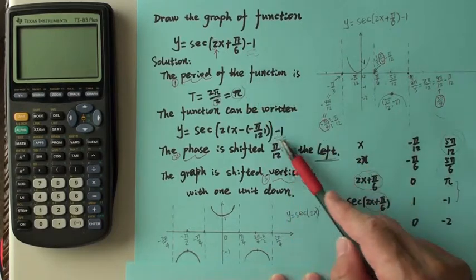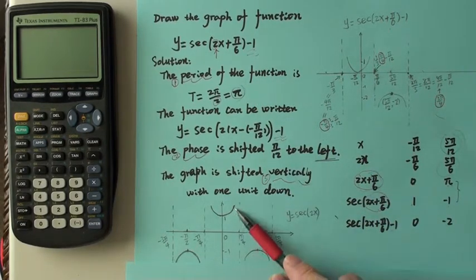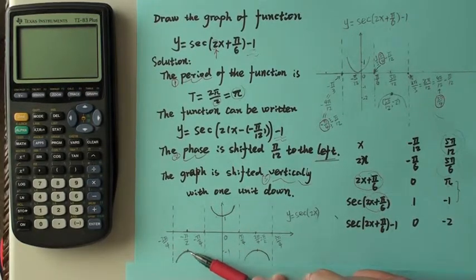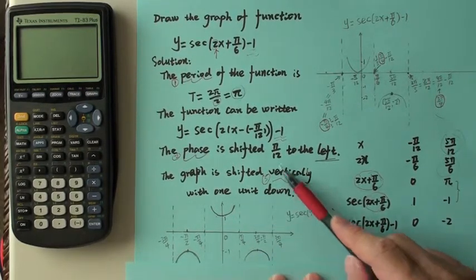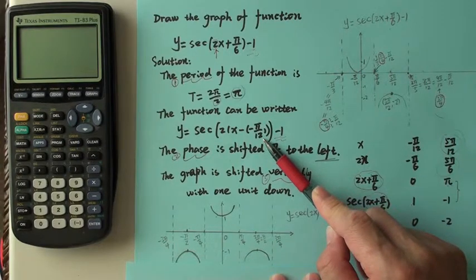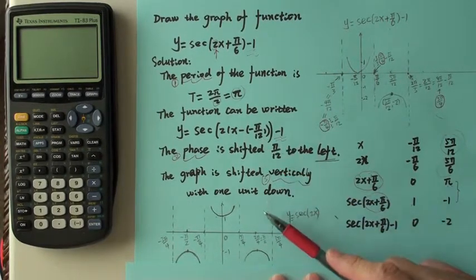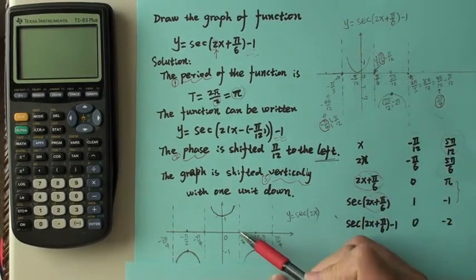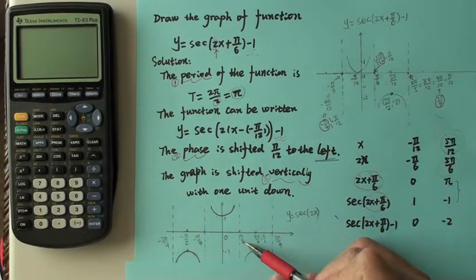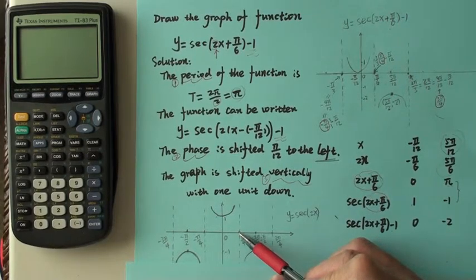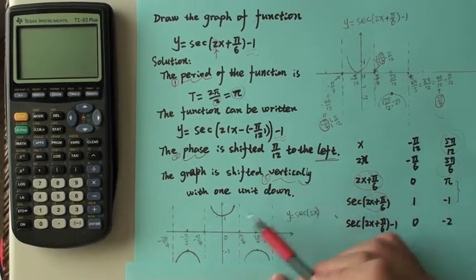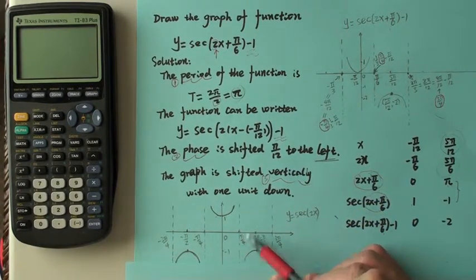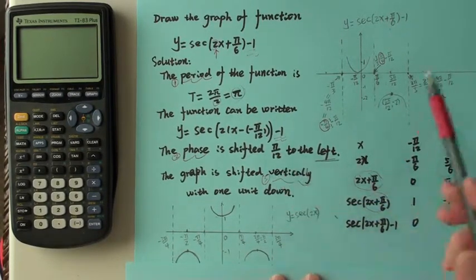Then you do the phase shifting pi over 12, the whole picture to the left, with pi over 12 units. So previously, let's look at the one here. Pi over 4 shifted to the left with pi over 12 units is pi over 4 subtract pi over 12.